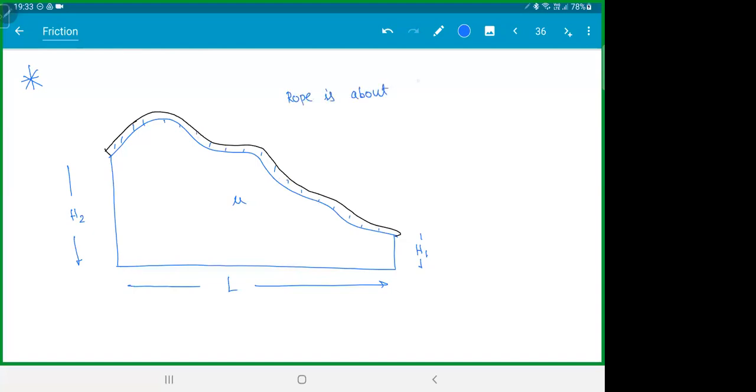Or else you can't take F max. The mu is given by the difference in height, h2 minus h1, by L. This is the most standard one. It doesn't matter where the height is. You just take the difference in height of the two ends and finish it off. This is a more general formula, people.